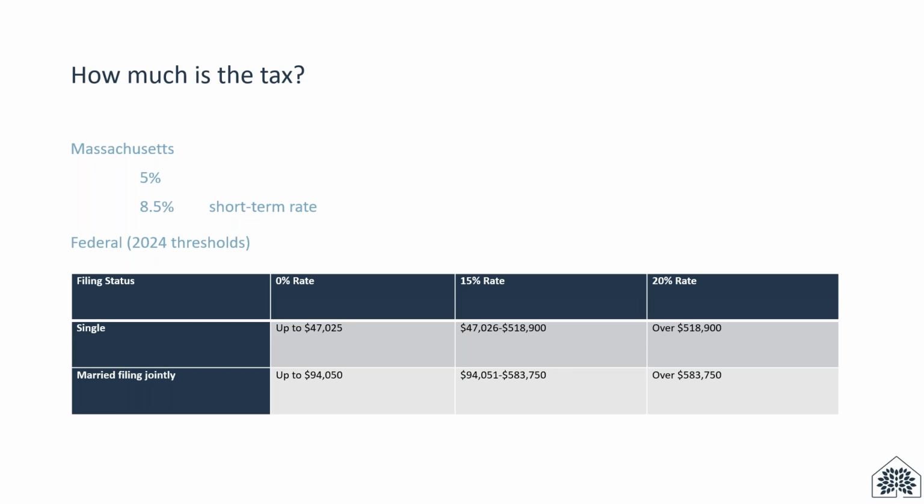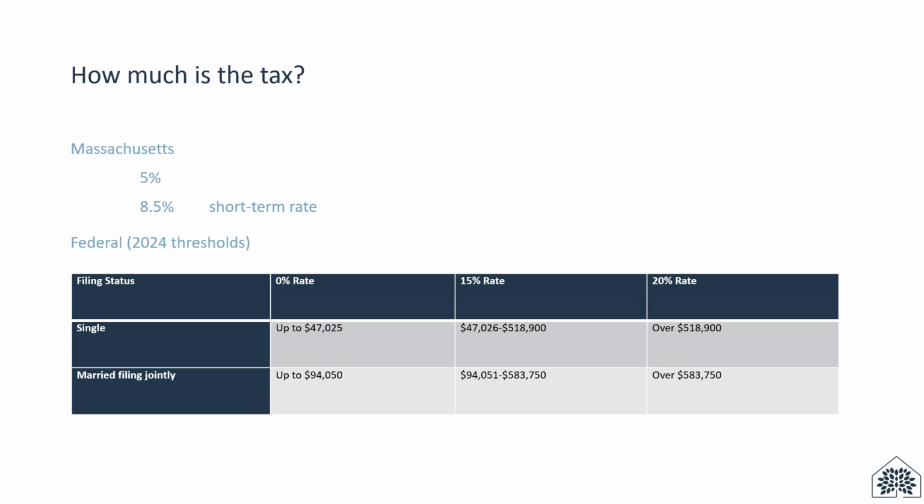The federal capital gains tax rates are graduated based on the overall income of the taxpayer. Here are just a few examples of what they would be in 2024 for a single taxpayer or for a married couple filing jointly. For people who are low income, they pay no capital gains taxes, under about $47,000 for an individual and under about $94,000, double that, for a married couple.